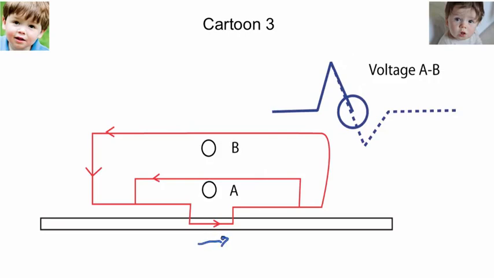Our electrodes are now, at this moment, right in the midpoint of the pattern. Current is flowing from right to left. There is no current that's flowing from A to B or B to A. Consequently, the current is not generating any voltage in between A and B. And if we look over on our recording, the voltage between A and B has gone back to zero.